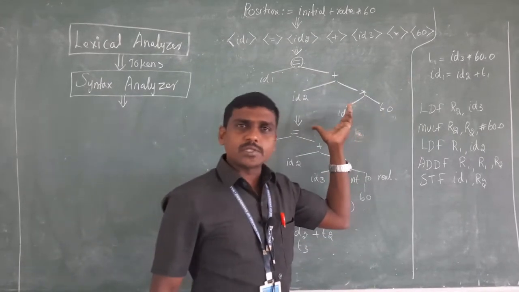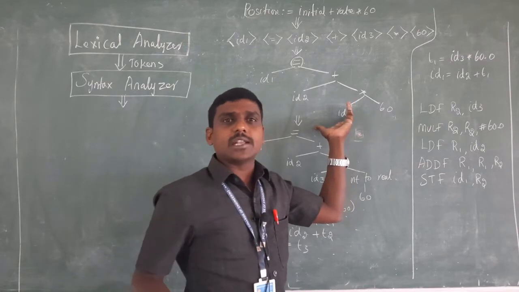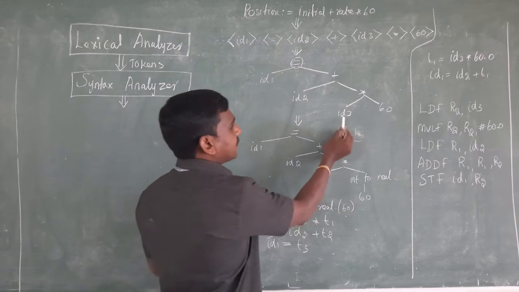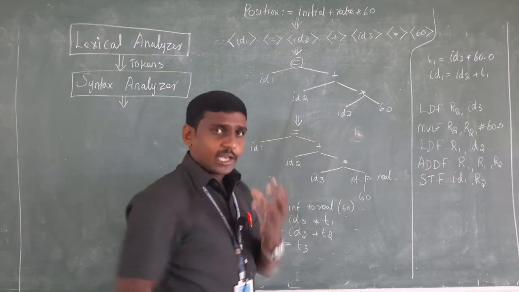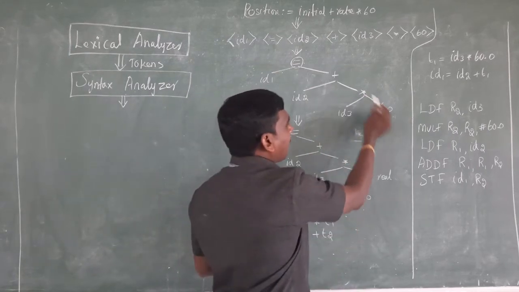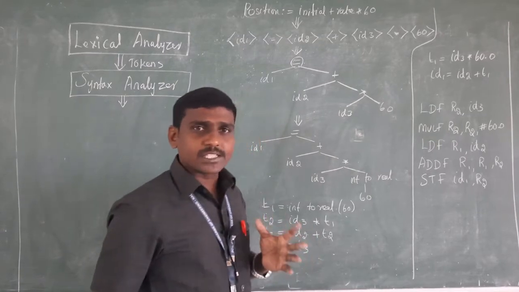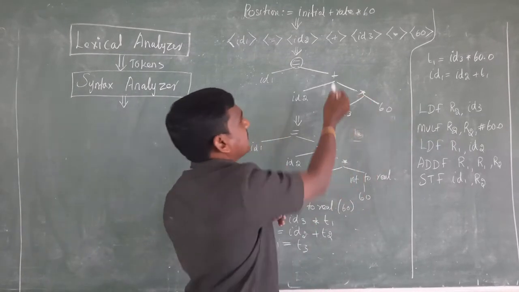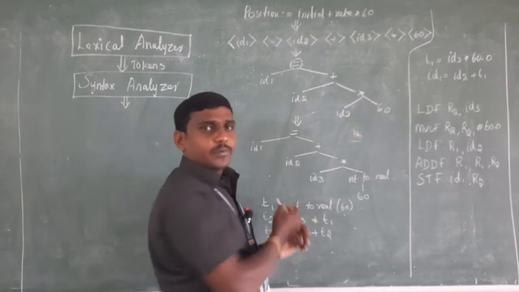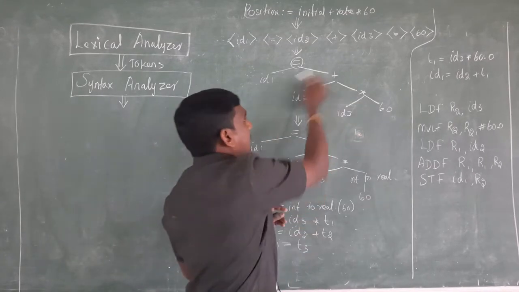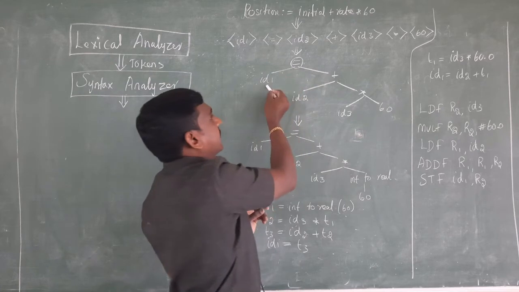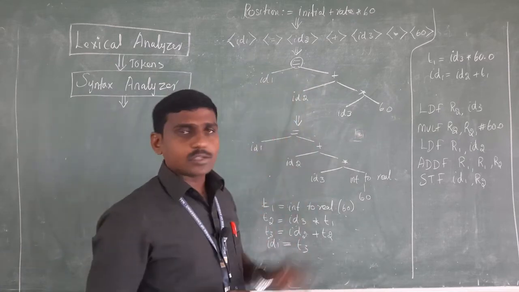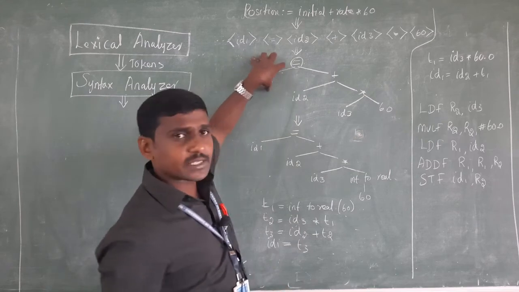What is the use of this parse tree? It gives sequential execution; the compiler knows how to execute. For example, first it executes ID3 multiplied with the number 60. The answer of this is added with another value. Then this answer is assigned to ID1 by the equal to assignment operator, so all the answers should be present in ID1.